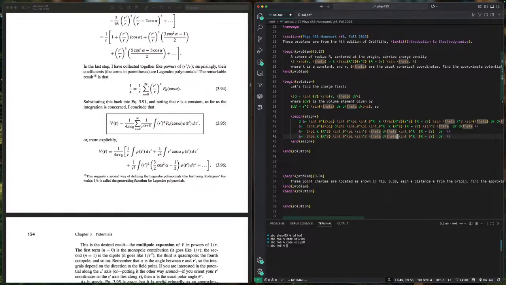So sine squared we simplify into 1 minus cosine 2 theta divided by 2.